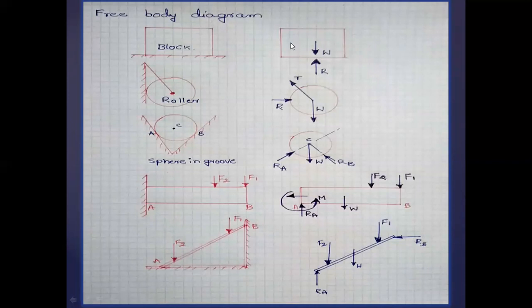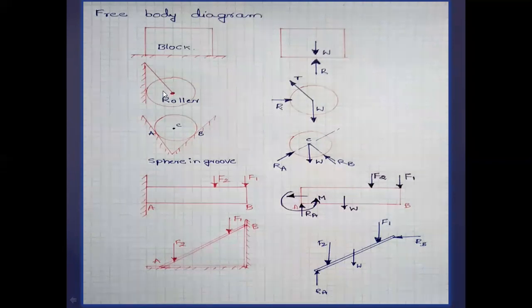Then I have written the self weight of the body, which always acts downward, as W. And to keep this block in equilibrium, against the self weight there should be an opposite reaction force. That opposite reaction force is R. So this indicates the free body diagram of the block.